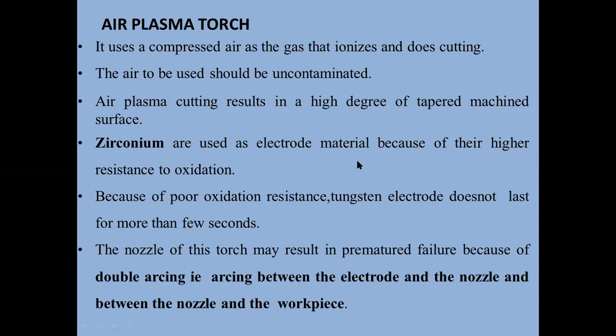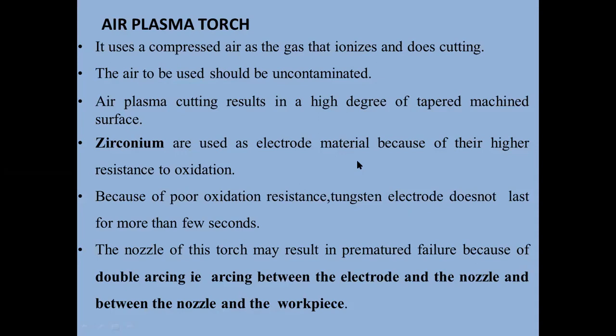The nozzle of this torch may result in premature failure because of double arcing. This is the major disadvantage of the air plasma torch that we are discussing now. Premature failure means, for example, if it has to last for 1 hour and it fails after 45 minutes, then we call it premature failure.